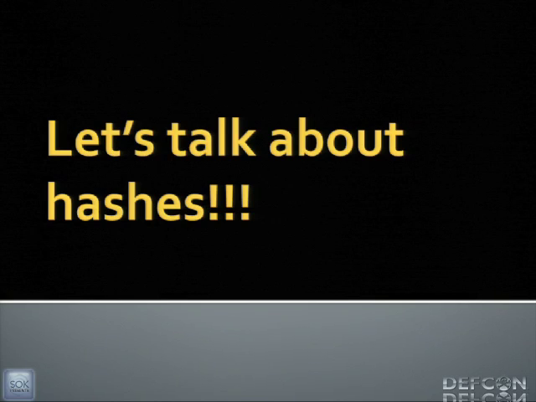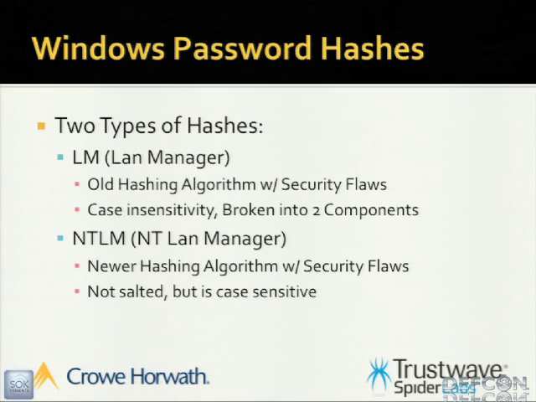Okay, we're going to level set here for everyone in the room so we're all on the same page before we start diving in. In regards to the hashes on Windows systems, we have a couple different types. LM, being the LAN Manager, is the old type. This had tons of security flaws. One of them was that you couldn't have a password longer than 14 characters. Another is that it would uppercase your password. So if you had Ponies1 with a capital P and the rest lowercase, it would uppercase everything.